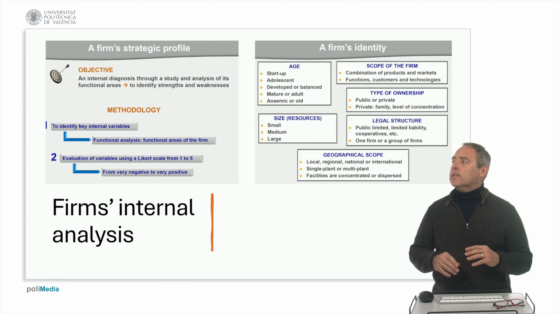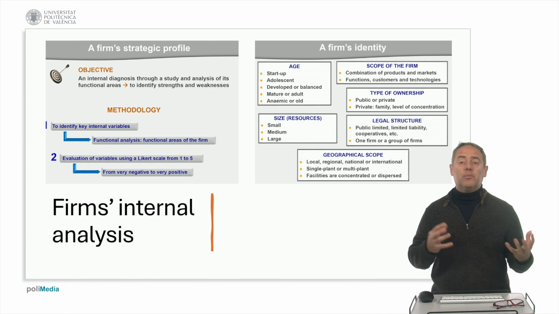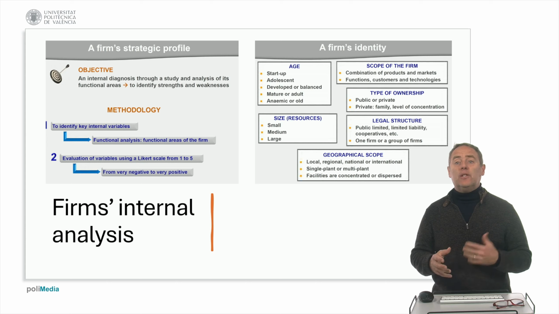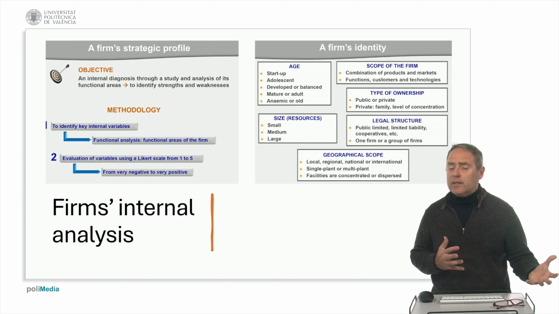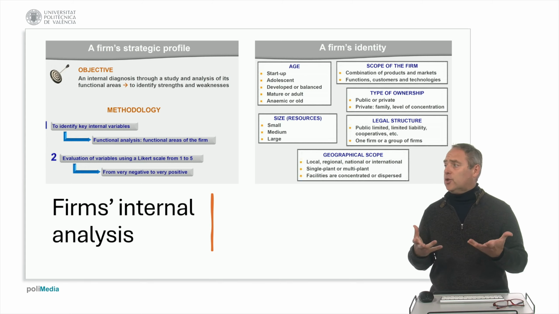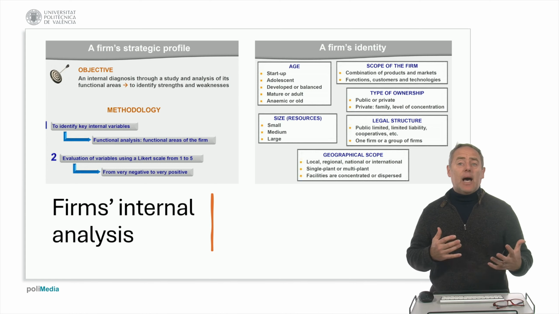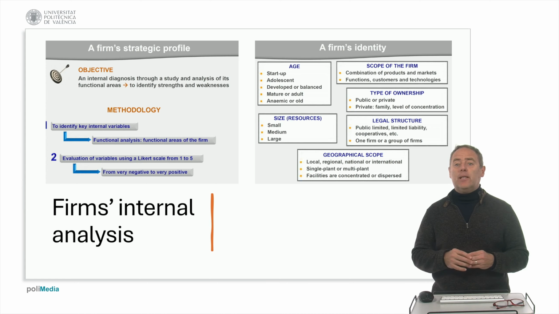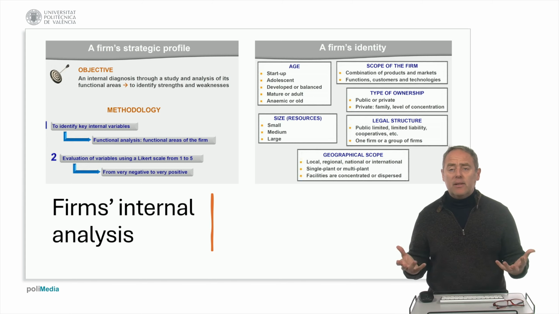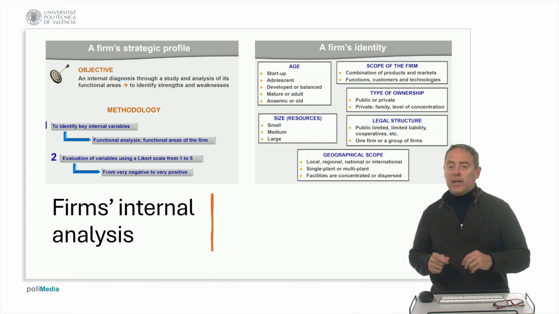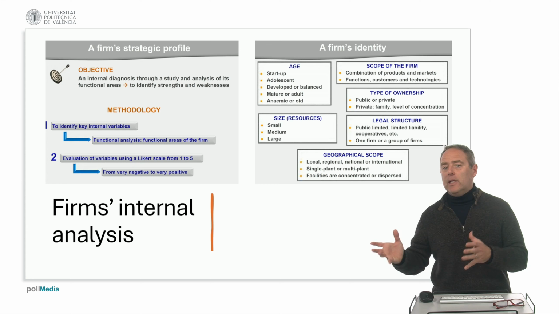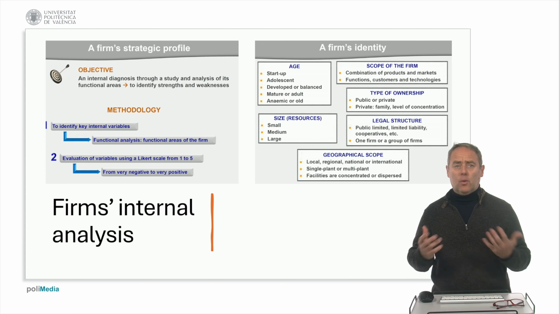Then we have, of course, the type of ownership: whether we are public or private, whether we are listed or not in the stock exchange, or we are a family-run business, if we are small or a multinational, okay? If we are a startup, or if we are a very old established incumbent, if we operate only in local markets, global markets, only in Europe, only in Latin America, or whatever.